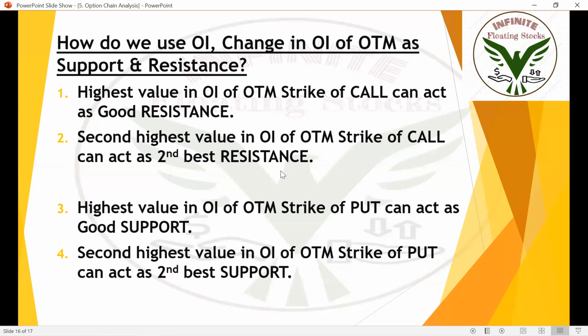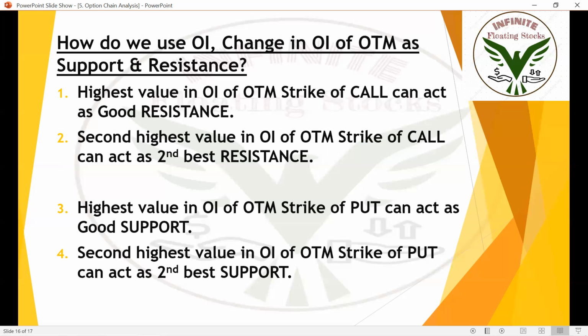I'm expecting that you guys are very clear on how to draw support and resistance using option chain data, using open interest. You just need to consider data in the white area, which is out of the money. You need to consider the highest OI on the put side and the highest OI on the call side. If the highest OI is on the put side, then that strike can act as support.